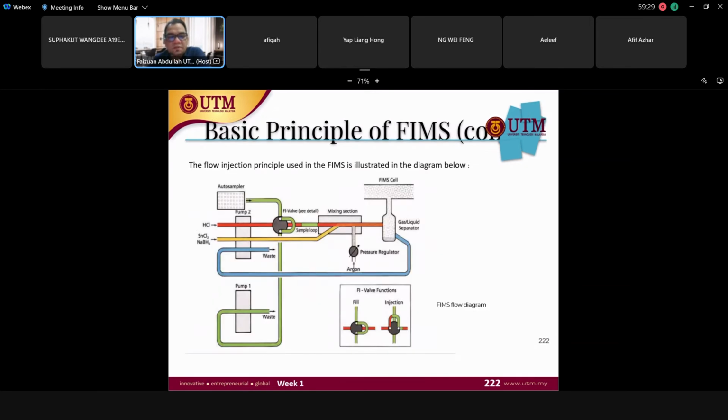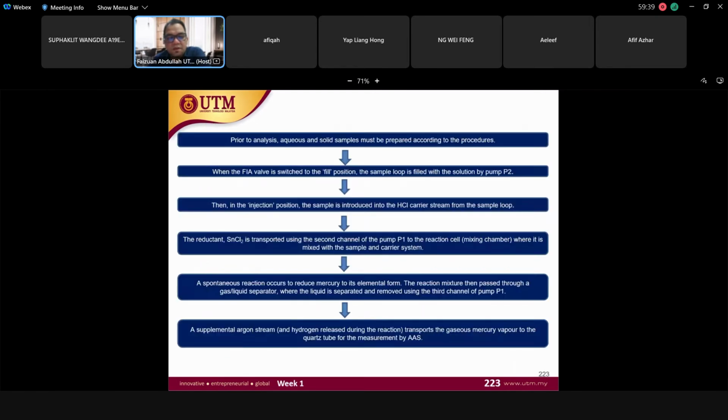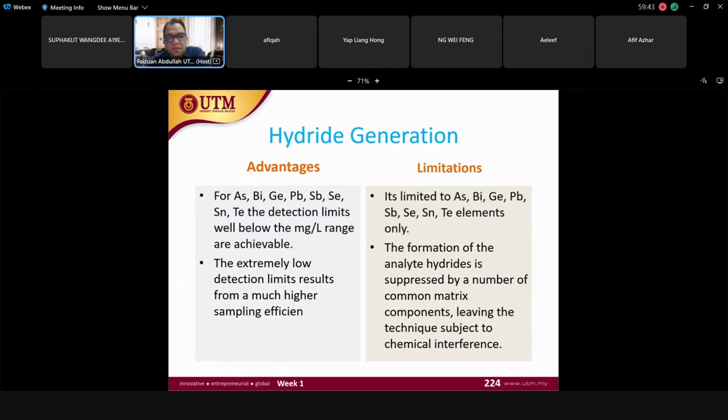Okay, we just react the sample with special chemicals, reagents, which can volatilize the targeted elements which are more sensitive and can be detected without any heating, just in the chemical reaction.